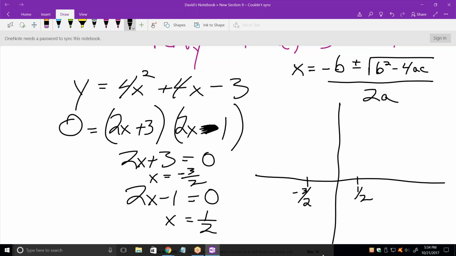Now, first of all, I know this thing opens up. Okay, so the vertex has to be somewhere down there. But without a doubt, it lies halfway between those 2 points. So what is the x-coordinate of the vertex? It's easier to figure it out this way than it is to use -b over 2a.